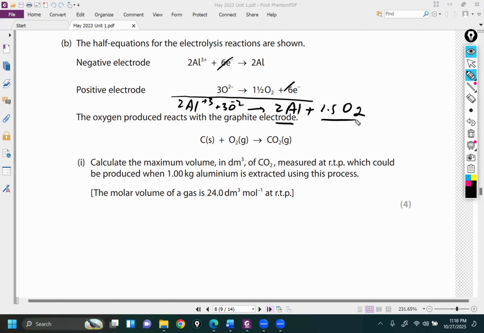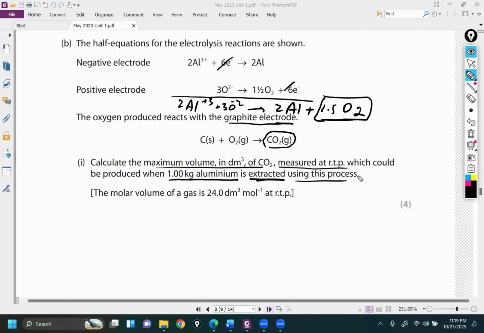Now, the question is, this oxygen which is produced here reacts with the graphite electrode and produces carbon dioxide gas. What is the question? Calculate the maximum volume in dm cubed of carbon dioxide, measured at RTP, room temperature and pressure, which could be produced when 1 kilogram of aluminum is extracted using this process.